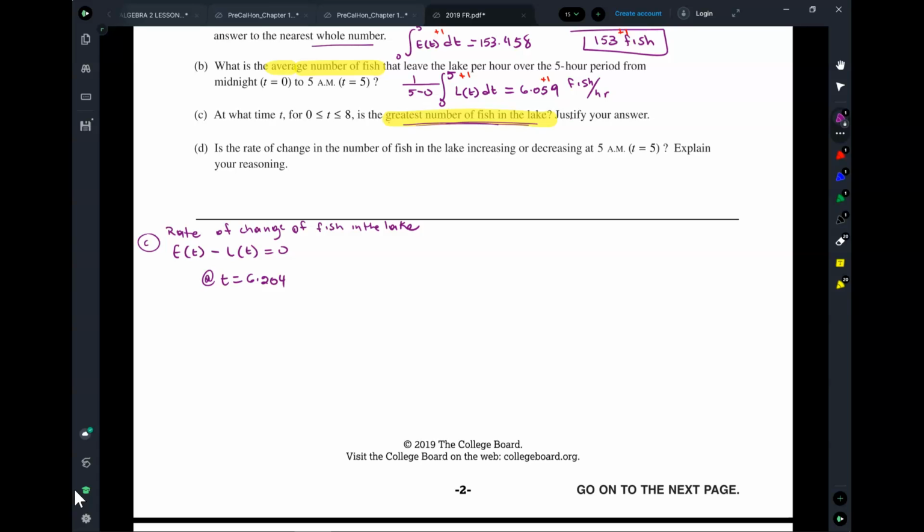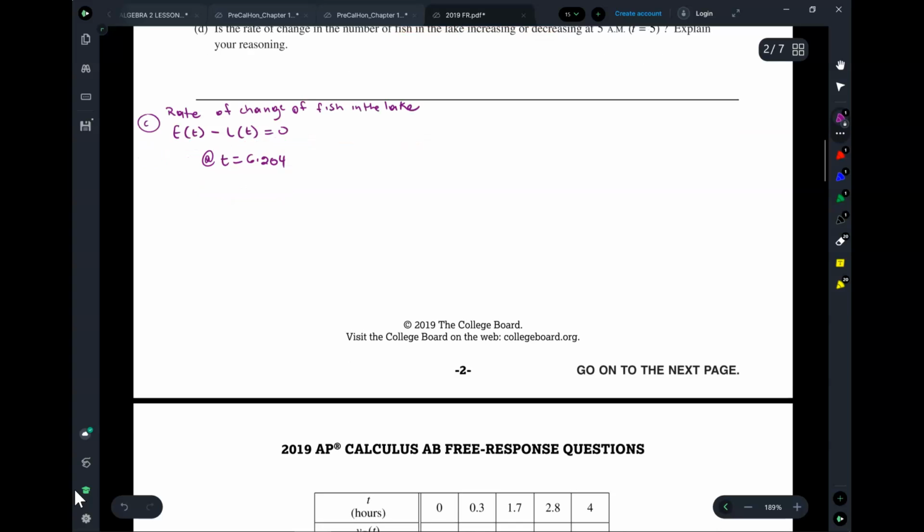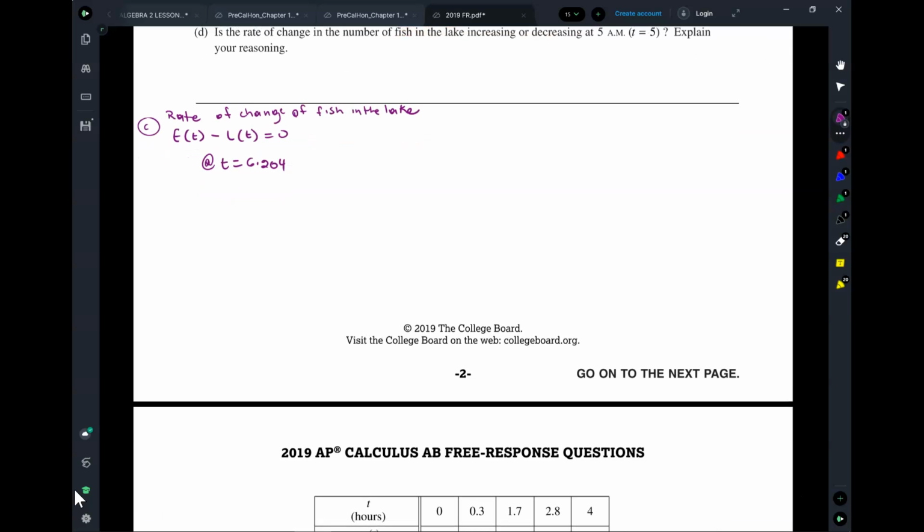That means if this minus this is 0, they're equal at this point. And now you kind of have to say in words what's happening here. So E of t is greater than L of t on 0 to 6.204, right?